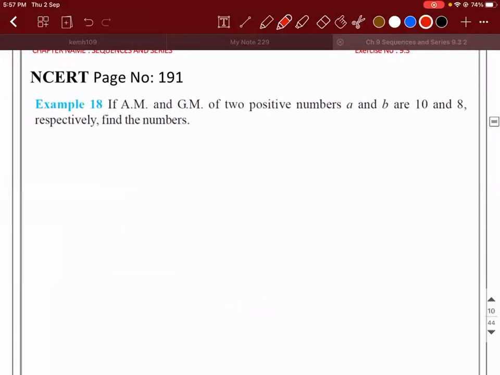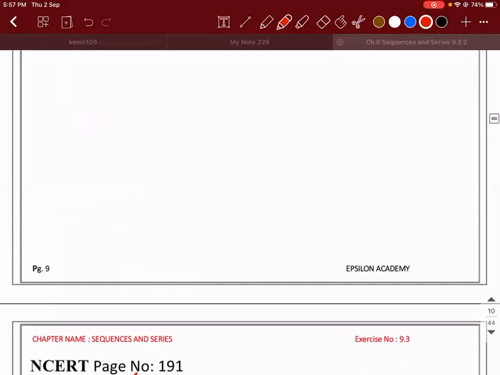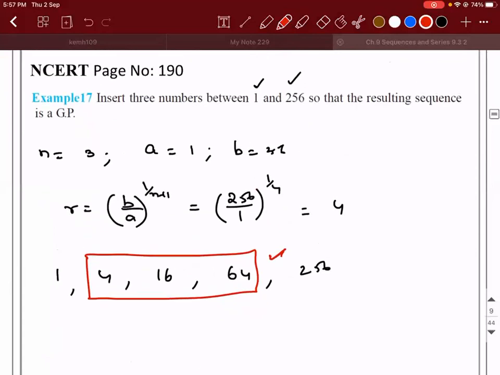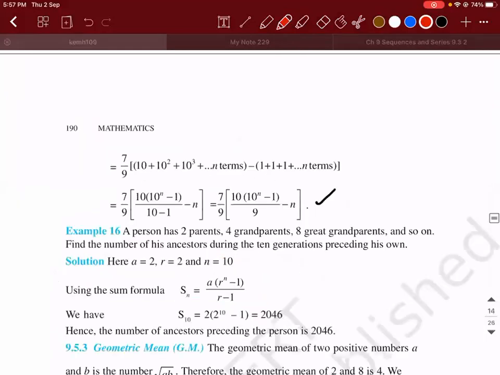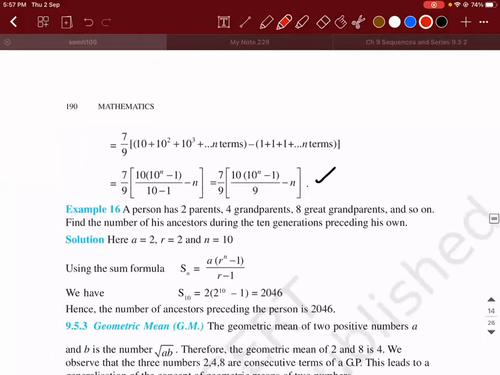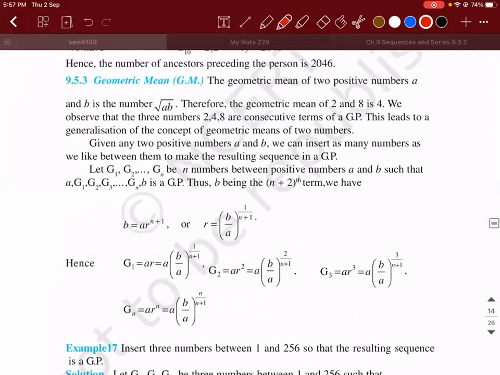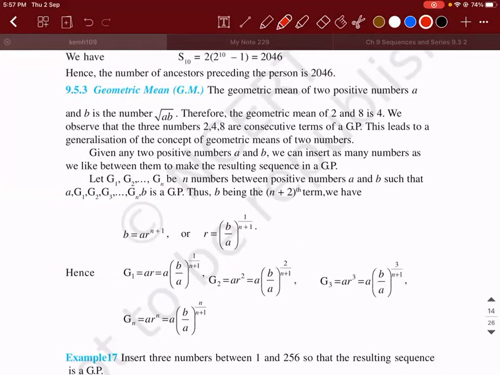Here, if the AM and GM of 2 positive numbers A and B are 10 and 8 respectively, find the numbers. One important point I would like to stress here: I thought you would ask this question. I wrote root of A into B. What if A is positive and B is negative?